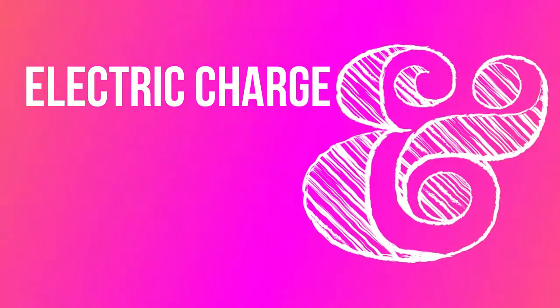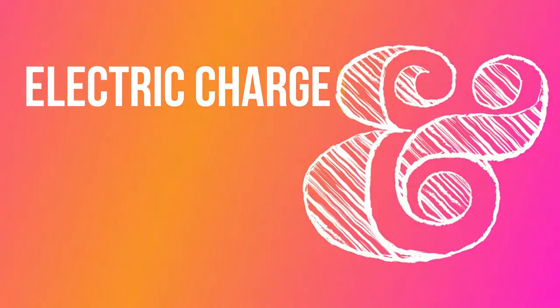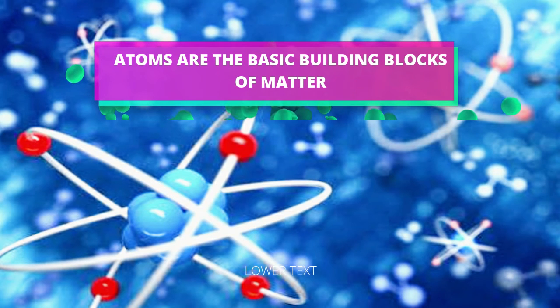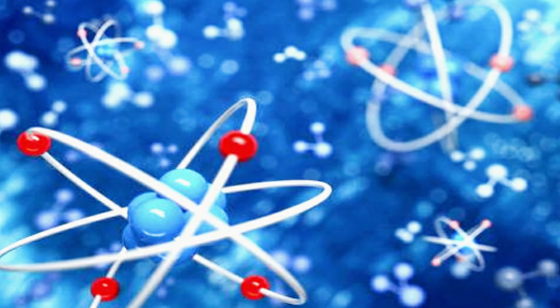In order to understand how electric charge moves from one atom to another, we need to know something about atoms. Everything known to man is made up of atoms and molecules. Atoms are the basic building blocks of ordinary matter. Atoms make up molecules, which in turn form the objects around you.